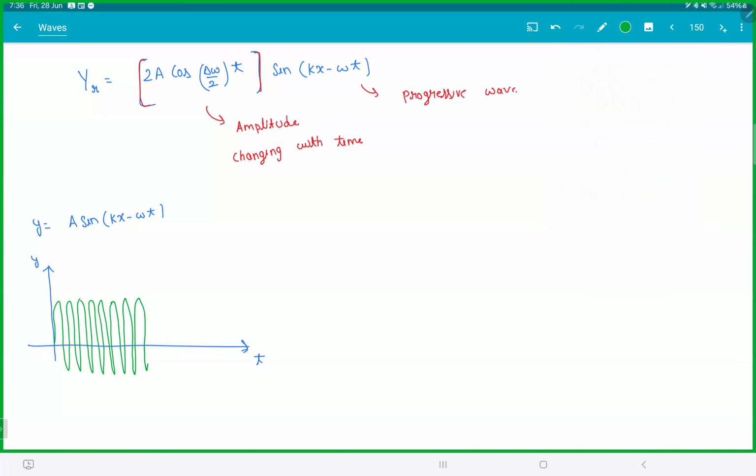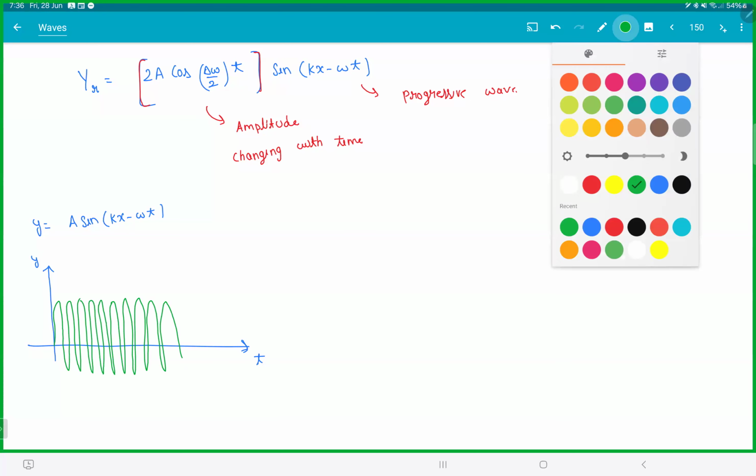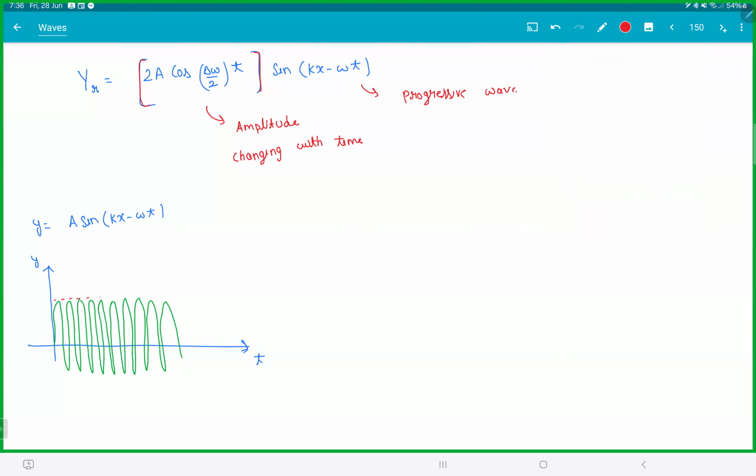Now, when I try to hear this sound, even though it is changing, because the frequency is so high, your ears cannot differentiate. Let's say you're hearing a 100 hertz signal, this is 100 times per second, your ear will think it's a constant sound.